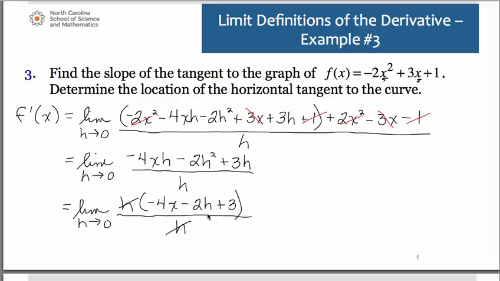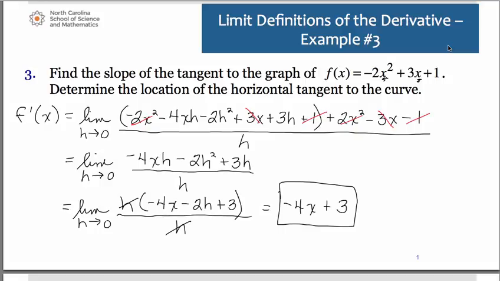So now you can substitute 0 in place of this h in the numerator. When you do that, you're left with negative 4x plus 3. And that is our general expression for the derivative of this original function f of x. So what this is giving us is an expression that will help us obtain the derivative, the slope of the tangent to the curve, at any x we were to substitute in.